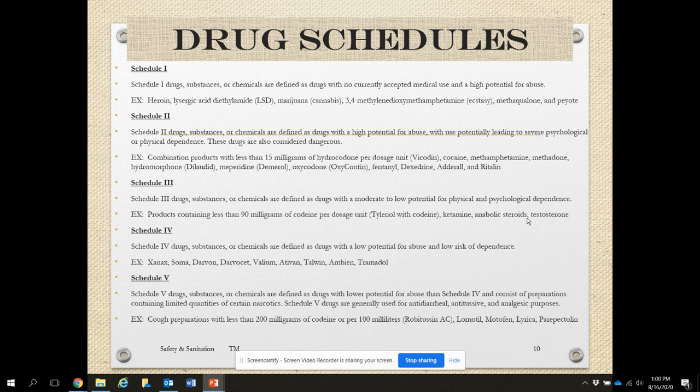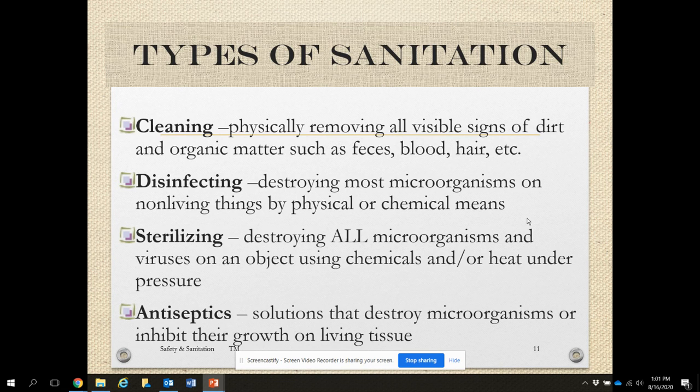Generally used for antidiarrheal, antitussive, so coughing, analgesic, that's pain purposes. So some of the cough medicines, like your Robitussin, that we do use some cough medicines for dogs to help them if they were to have kennel cough or something like that. So that is your drug schedules.